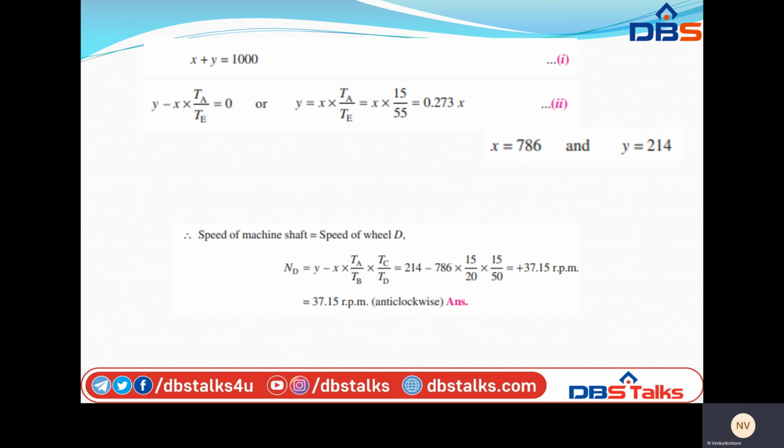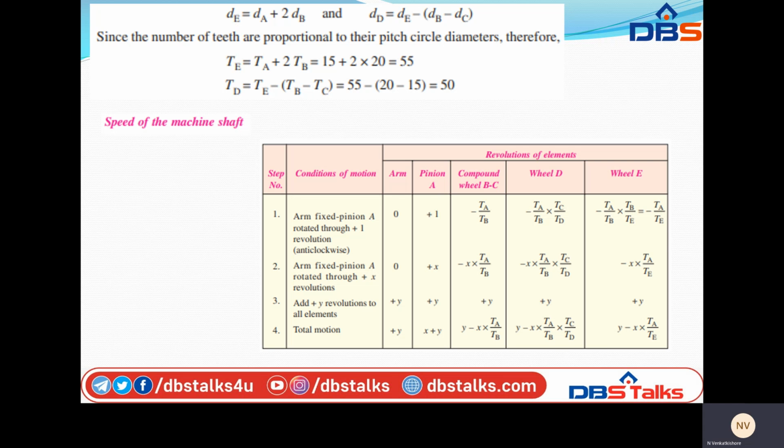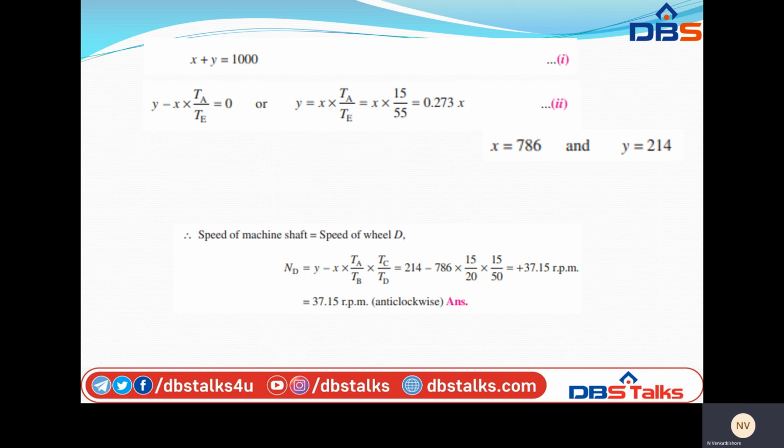And then lastly, we need to find the speed of the machine shaft. Speed of the machine shaft means speed of gear wheel D. So ND is equal to Y minus X; this formula we already found in the table related to wheel D. So we have Y minus X into TA by TB into TC by TD, that is equal to 214 minus 786 into 15 by 20 into 15 by 50.